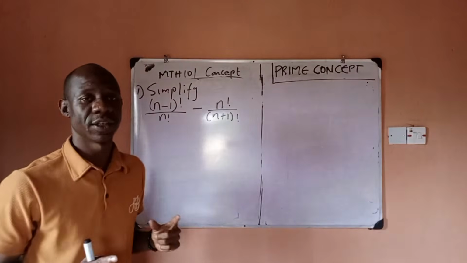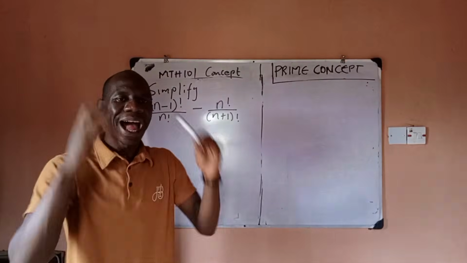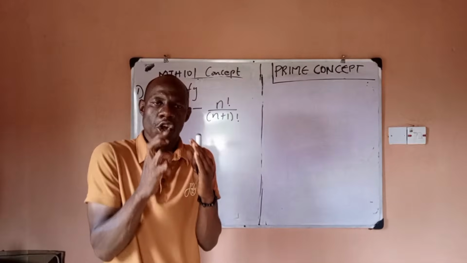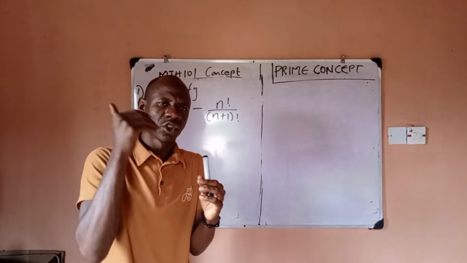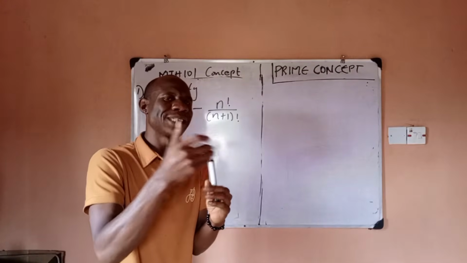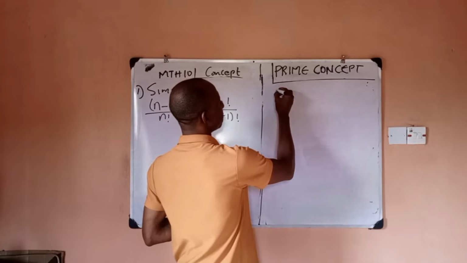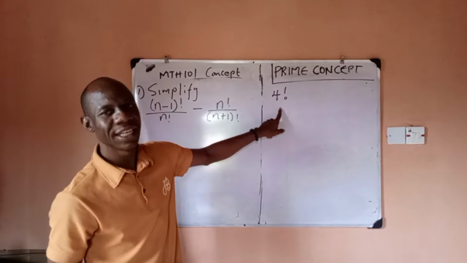Now, this is a question under factorial. Let me remind you, how does factorial behave? Factorial is a compressed way of writing the product of successive numbers that differ by 1. So what do I mean? If you have 4 factorial, this factorial is hiding a lot of things.